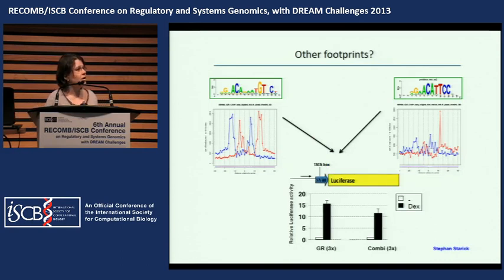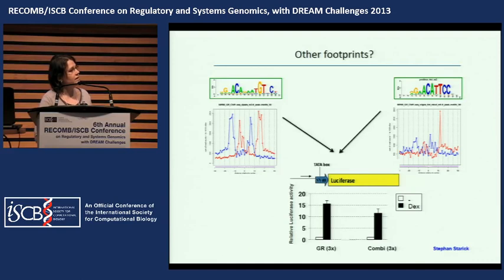We also found other motifs, and I'm going to show you one example out of our analysis. In particular, this motif that we don't know what it is for at the moment, but we called it the RECOMB motif. And Stefan Starik in the lab actually made a luciferase assay by taking this motif in 3 replicates.